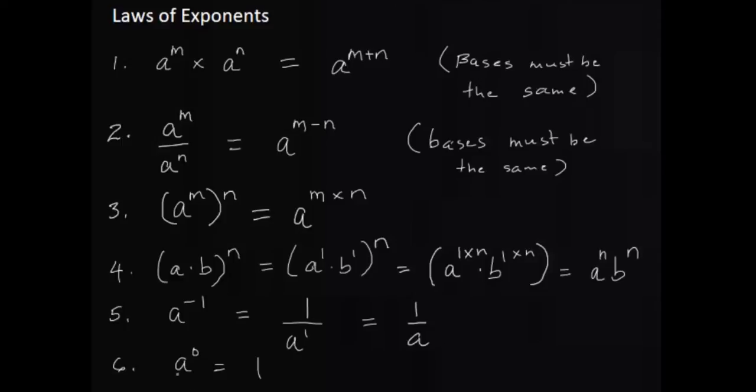And the last law of exponents says if you have a term raised to the power of 0, this whole term simply reduces to 1. We are now going to move on to the next video and see how to apply each of these laws in simplifying exponential expressions or exponential equations.